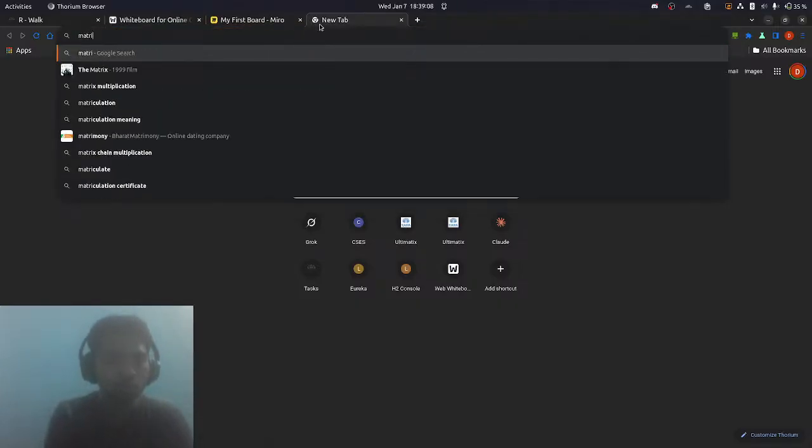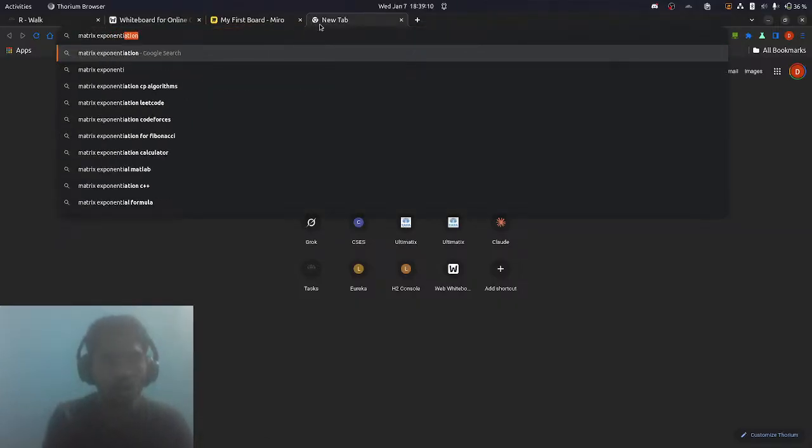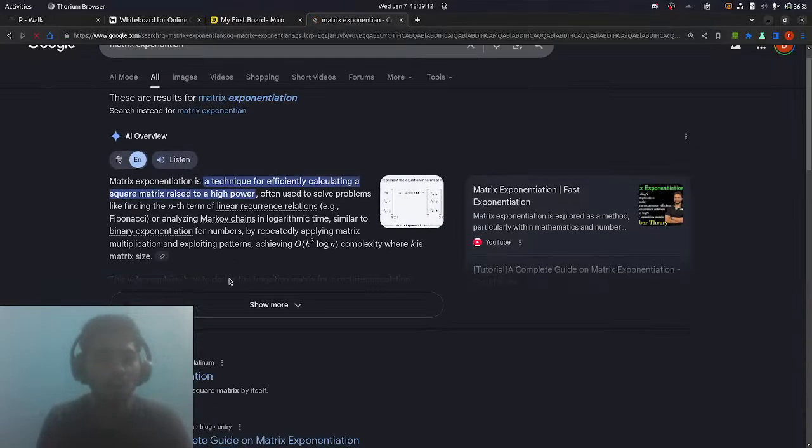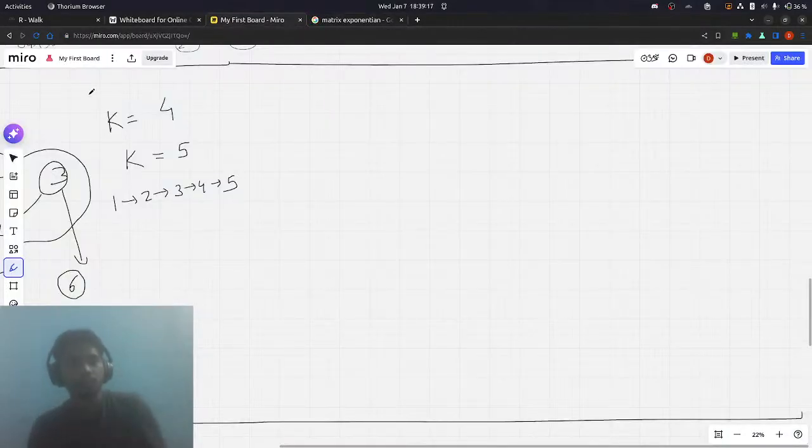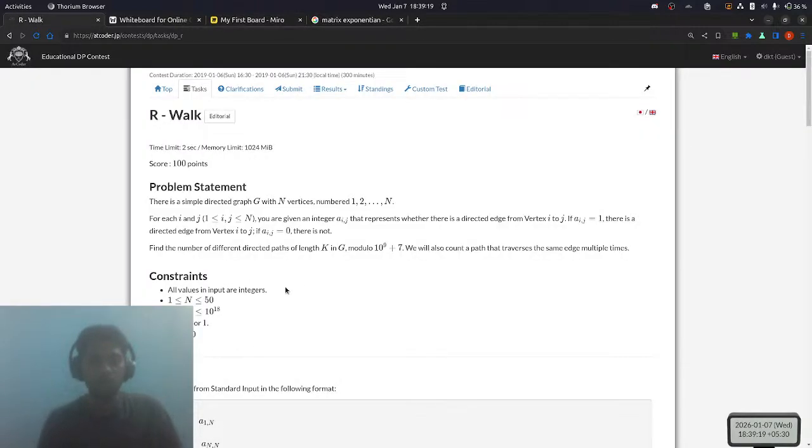Okay, so we have this problem, the walk problem. We have a simple directed graph with n vertices, 1 to n, and we are given a matrix where the ij-th cell represents if there is a connection from i to j.